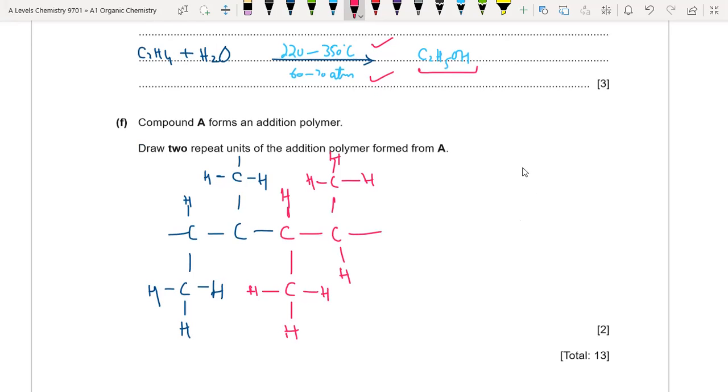This was the polymer of A. A was the monomer, CH3, C. This is the monomer. Its polymer will form like that.